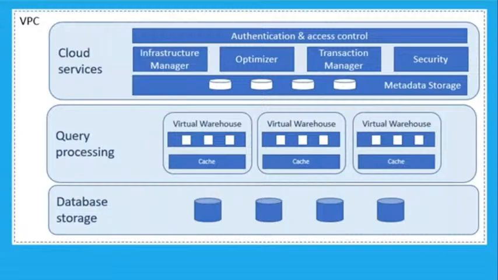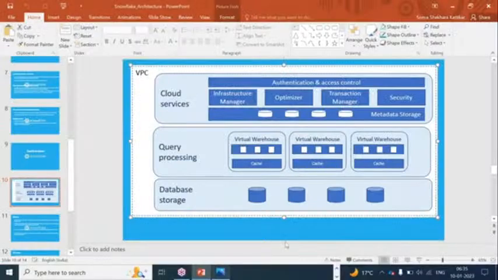I will show you how to create virtual warehouses and how they look. You need to create a virtual warehouse. It is also one of the objects, like how you create a table, so the virtual warehouse is also an object in your Snowflake that you are going to create.